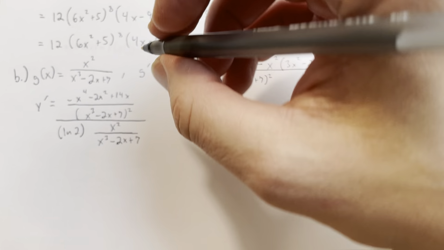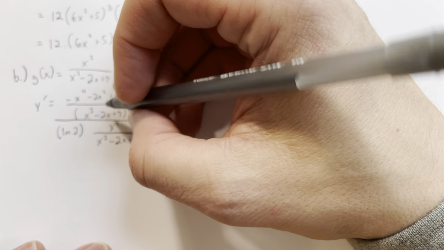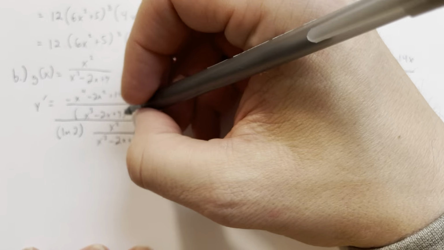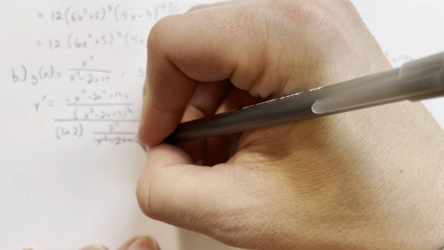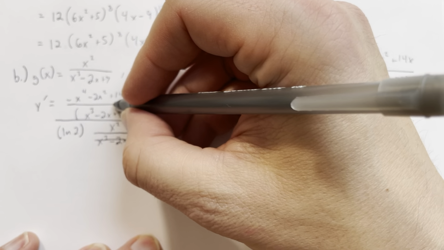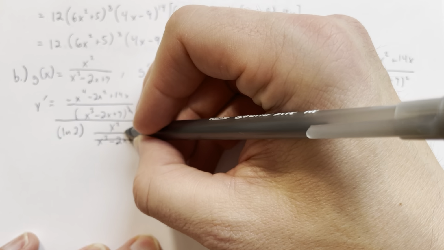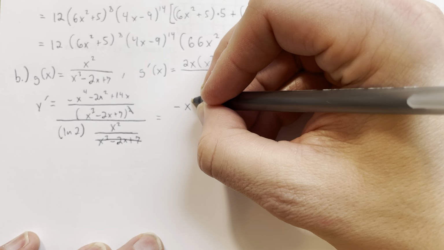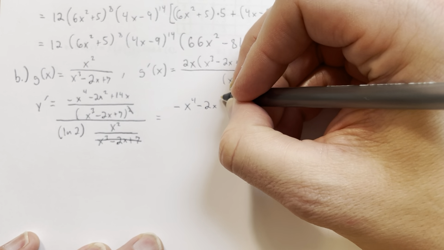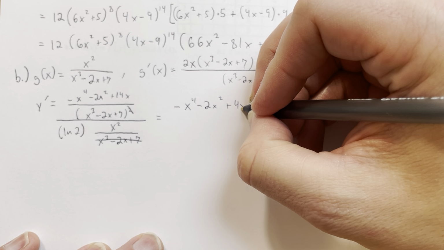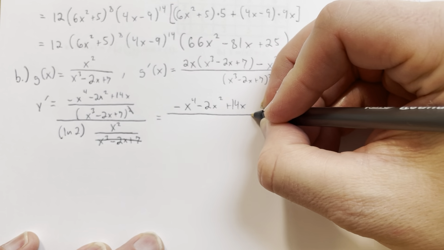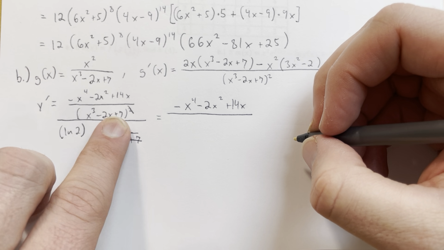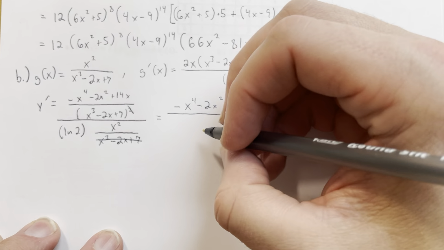Okay, we could do a little bit of simplifying here because this denominator and this denominator are pretty close to matching. I can cancel one of those with this whole thing right here. And then the other one can get bumped down into the denominator of the larger rational expression. So I can write this as negative x to the fourth minus 2x squared plus 14x over natural log of 2 times that x squared times this one additional factor of that x cubed minus 2x plus 7.